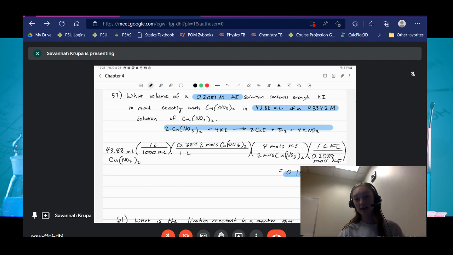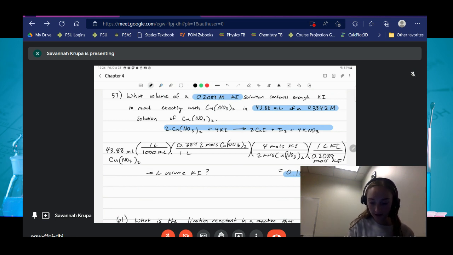Yeah, for sure, visualizing the question would help. So I write down, okay, in the problem it says what volume of KI contains enough to react? So it's asking for the volume, and volume is in liters. So the volume of KI is unknown, right? That's what we're asking.